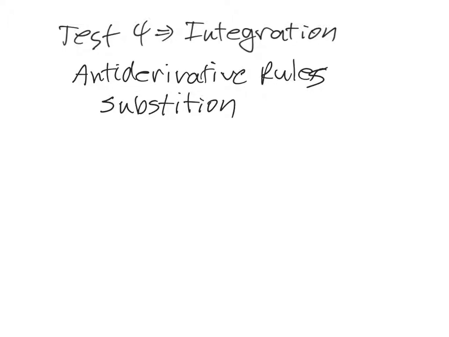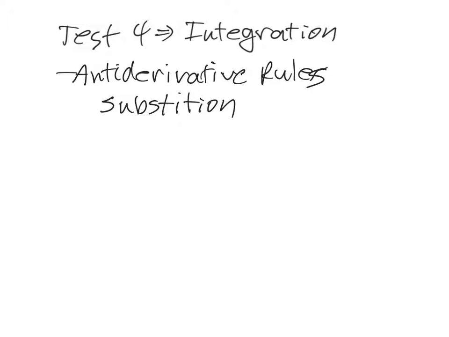Or maybe 1 over u du, integrating that is the natural log of u. e to the u du, integrate e to the u and you get e to the u. Love that function. But sometimes getting the u and the du can be a little difficult.